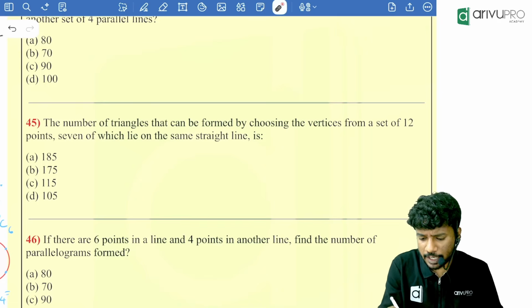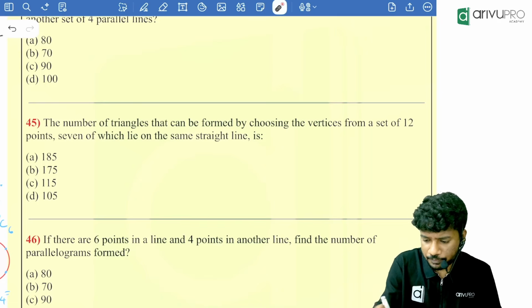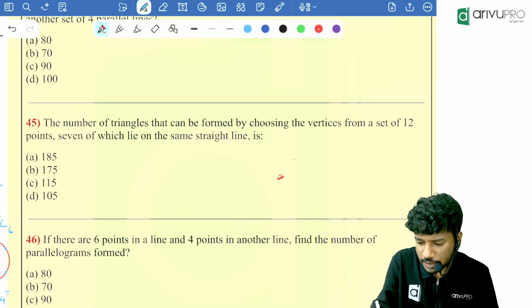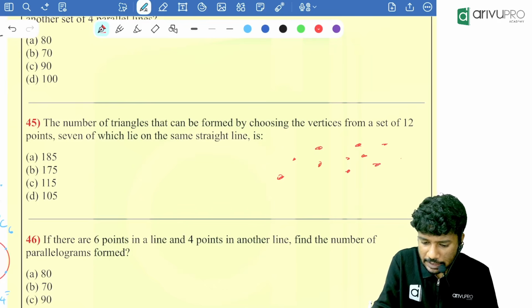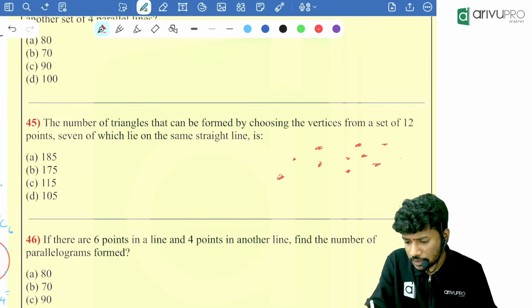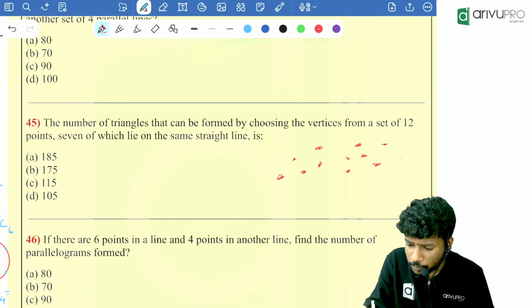For example, I am randomly putting 12 points, just like that.